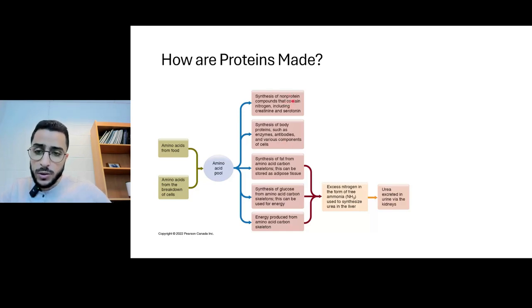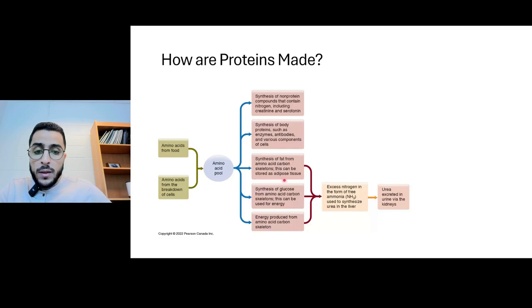They also produce non-protein components that contain nitrogen, for example, serotonin, which is made from tryptophan in your gut. And so serotonin is a nitrogen compound, but it's not a protein, it's a small molecule. The remainder of certain amino acids that are in excess will be used to make fat. They'll be used to make energy, right, from gluconeogenesis, etc.